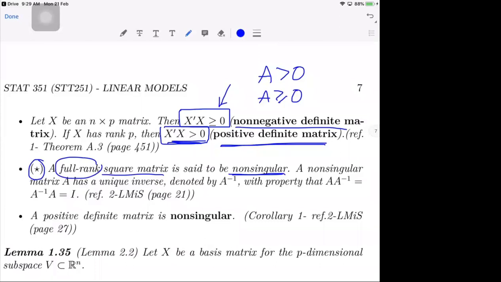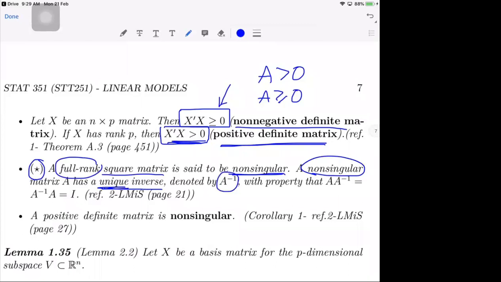So what does non-singular mean? This is very important. To check that it is non-singular, it should be full rank. And when you say a matrix is non-singular, it must have a unique inverse.